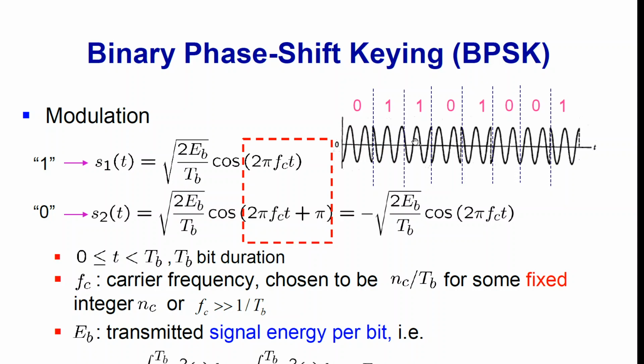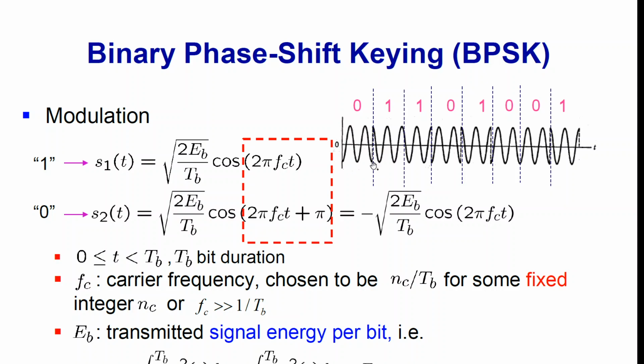So you can see the figure here. This is one bit duration. For 0 you have a particular phase, or the angle is 0 degree, and when the bit changes to 1, what we do is we change the phase by 180 degree.